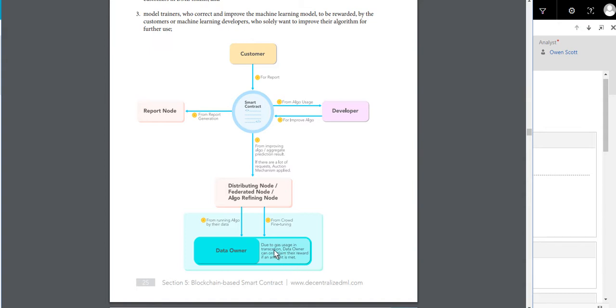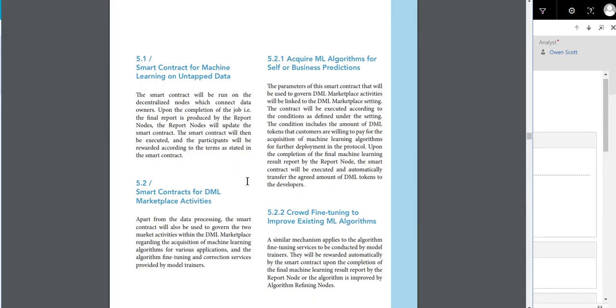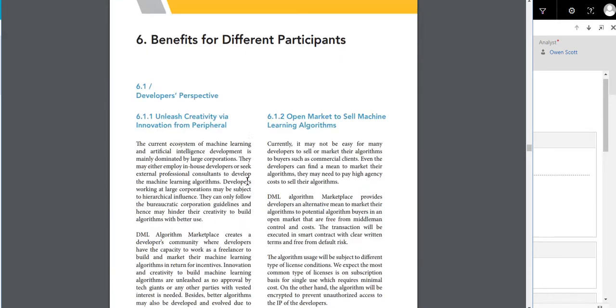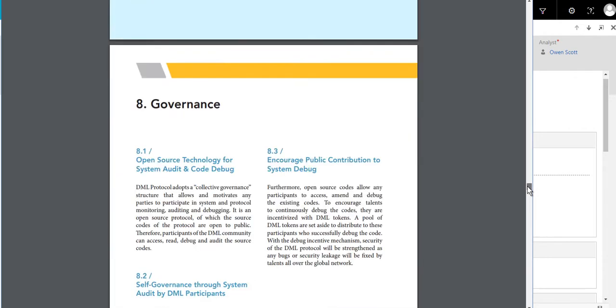And it says, due to gas usage, data owner can only claim the reward if an amount is met. Of course, because what'll happen is they'll keep trading, and it'll build up, and then it'll say claim your reward when it's more than the gas, which is good. In fact, hopefully they'll have the ability to wait and do one transaction less often, right? So they don't get killed by little gas fees on the Ethereum platform, as we know this is on.